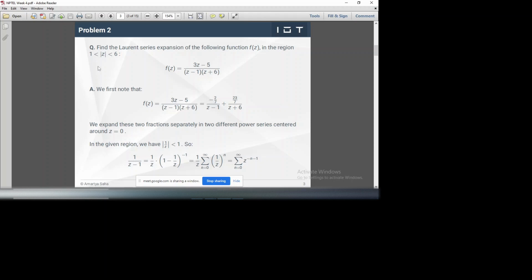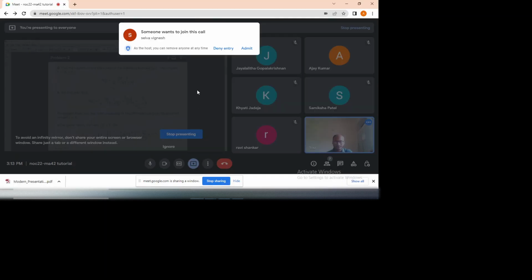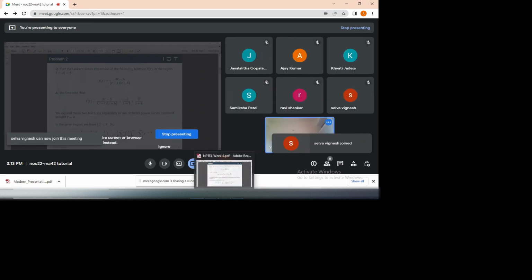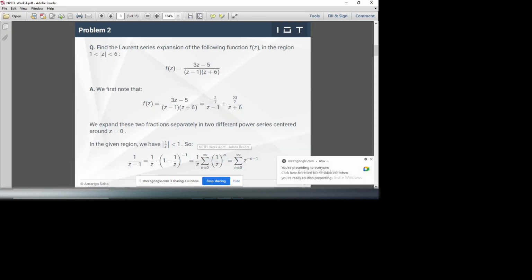You see, this is the annulus, so 0 is already excluded. So no problem with the negative powers. Then we have calculated the first series, then we move on to the second one.